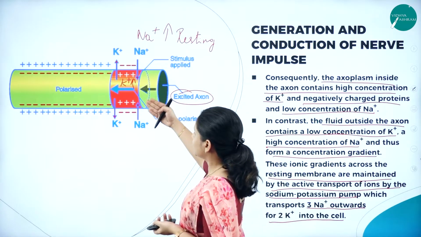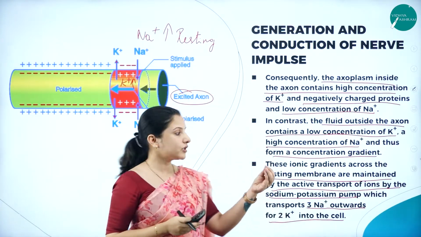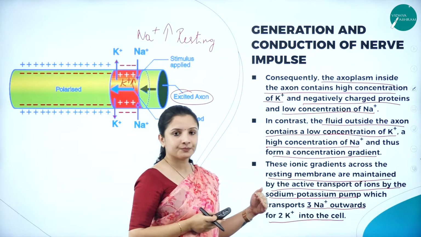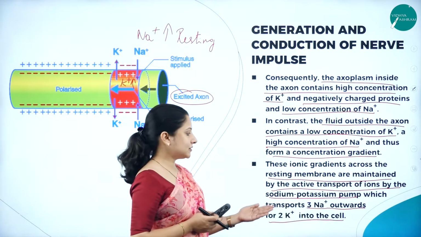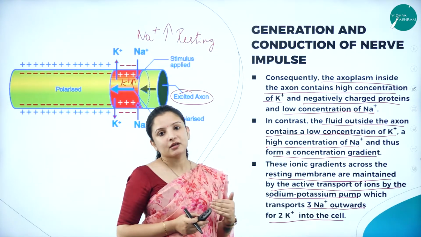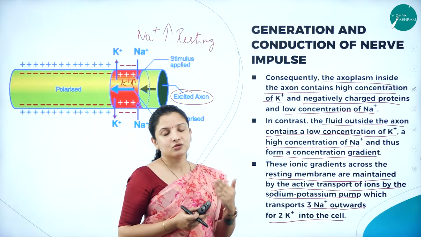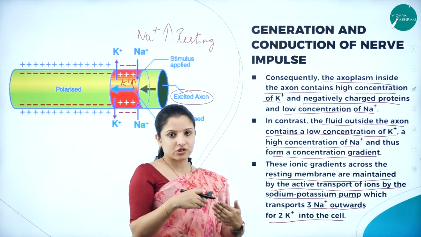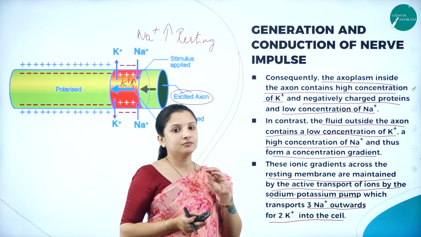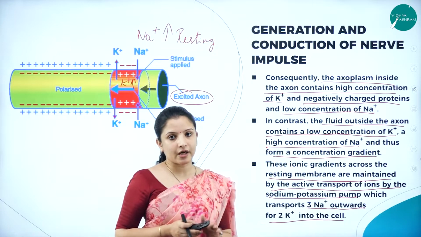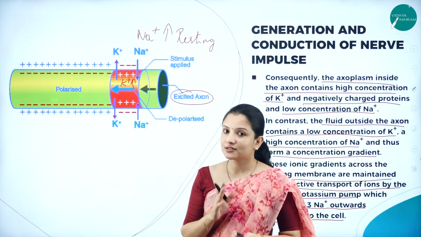So, what happens here is, as 3 sodium ions move outside of the axoplasm, 2 potassium ions will enter into the cell. So, 3 sodium will move out, 2 potassium ions will enter, and it will continue until the axoplasm becomes filled with potassium ions. This is when the axon is in the resting state.